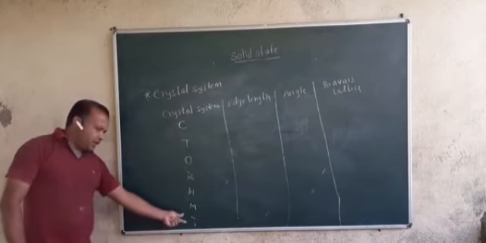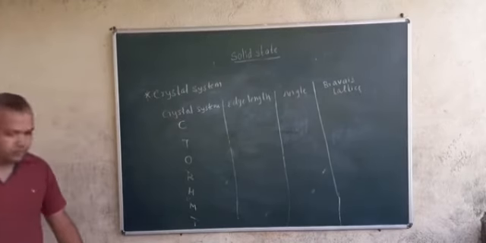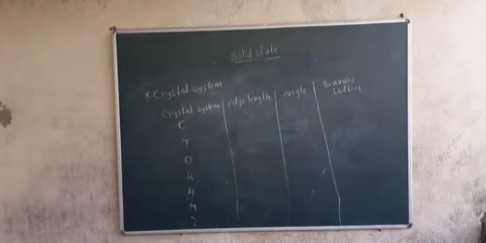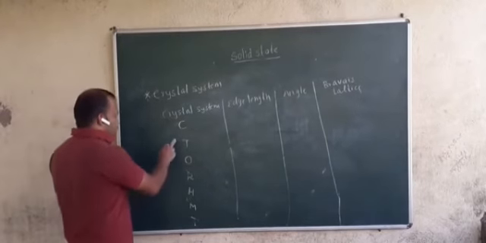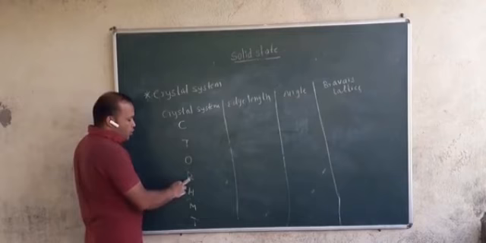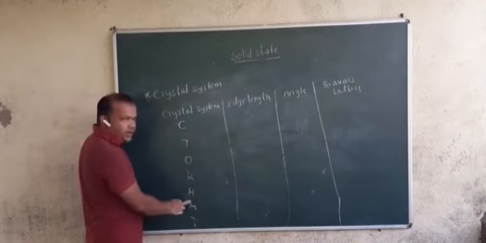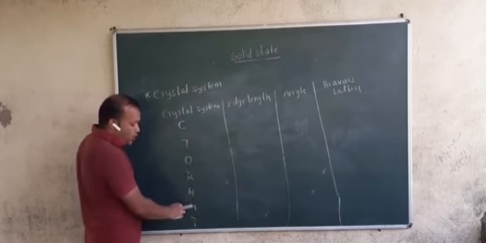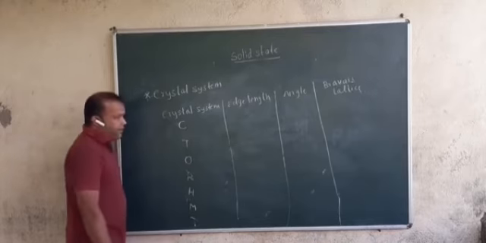Students, can you see it clearly? I'll just check it. Yes, this is okay. So it is CTORHMT. So this is cubic, tetragonal, orthorhombic, rhombohedral, hexagonal, monoclinic and triclinic.